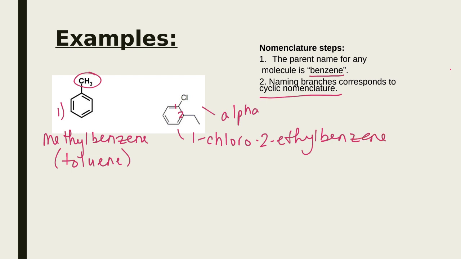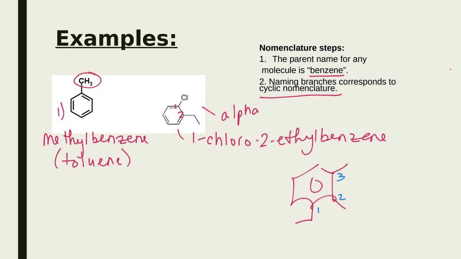If we wanted to look at another benzene molecule, here's one here. Use my ring structure. I can put some branches on like this, and then again, we're going to number them according to lowest position order. So the way that I can number this so that I have the branches in the lowest order, I think would be like this, 1, 2, 3.